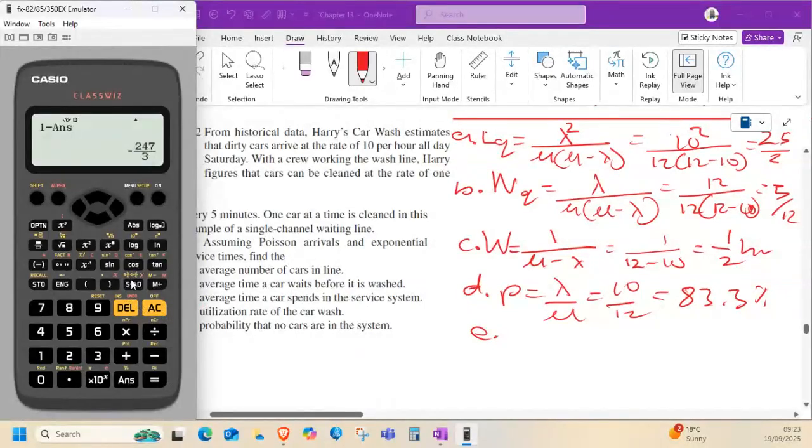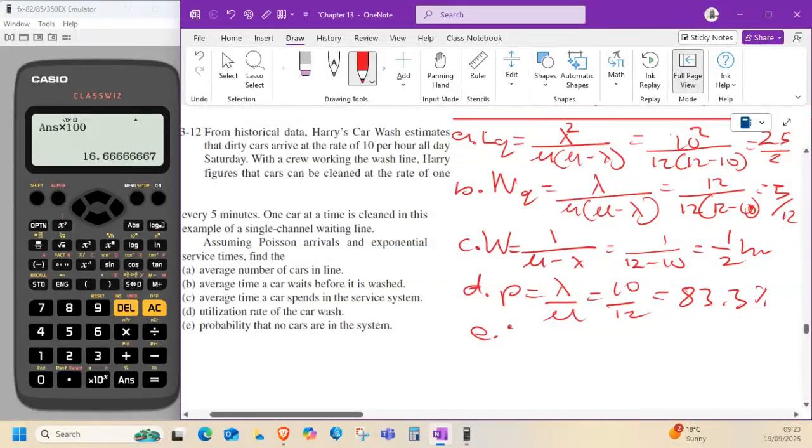No, it cannot be negative. 10 divided by 12, that's my answer, times 100, which is going to be 16.67%. All right. So this is how we're doing them.